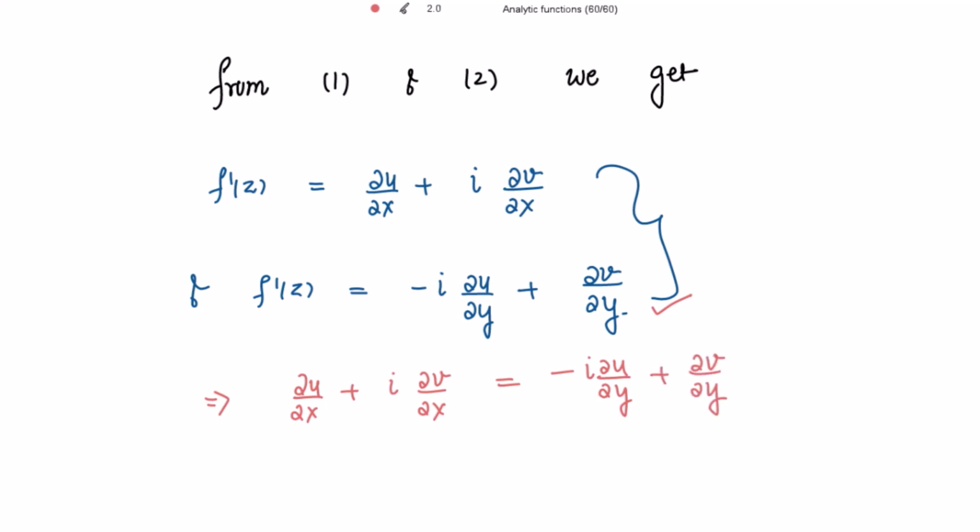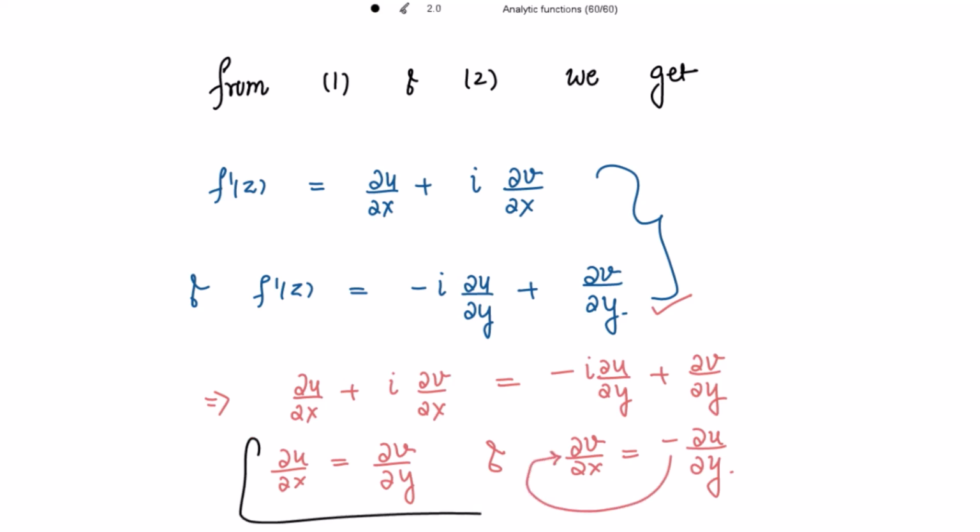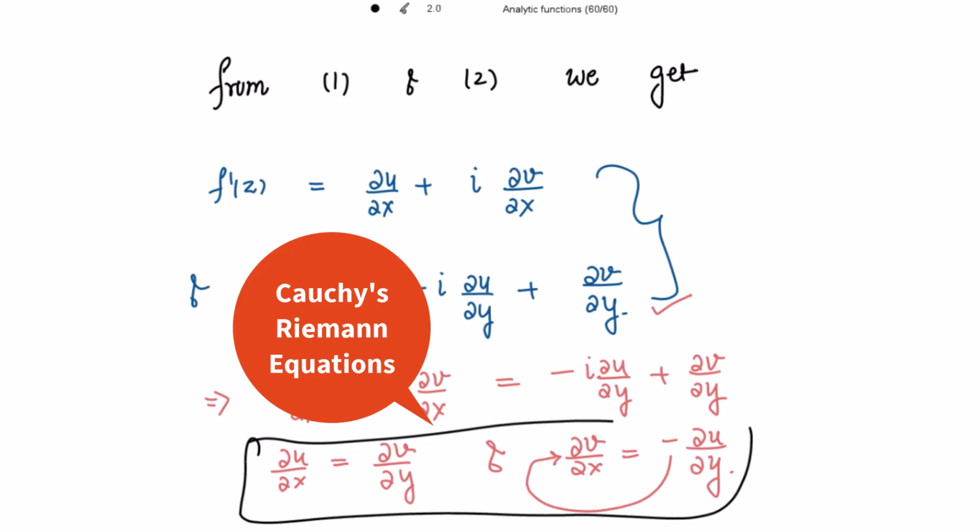Comparing the real and imaginary parts, we get ∂u/∂x equal to ∂v/∂y, and ∂v/∂x equal to negative ∂u/∂y. You can also shift this negative sign to the other side, it is your choice. So these are the Cauchy-Riemann equations.